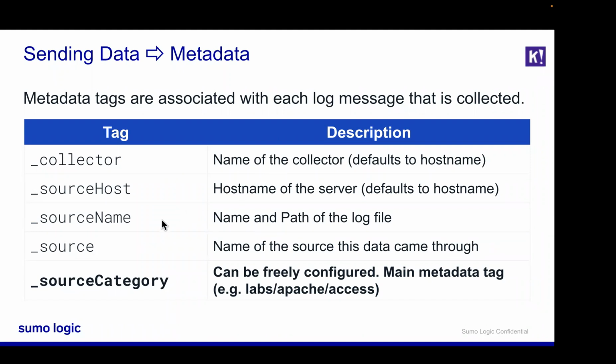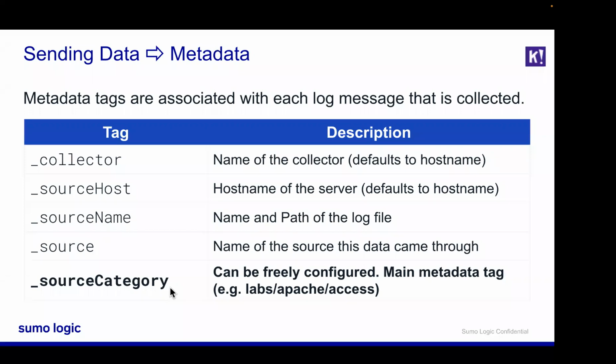You can use a source name metadata tag where you're defining the name and the path of the log file. But you'll notice, ladies and gentlemen, down at the bottom, there's one that's in bold. That's our preferred. That's our recommended. That's the one you'll see us use most often. The underscore source category metadata tag. This one can be freely configured.